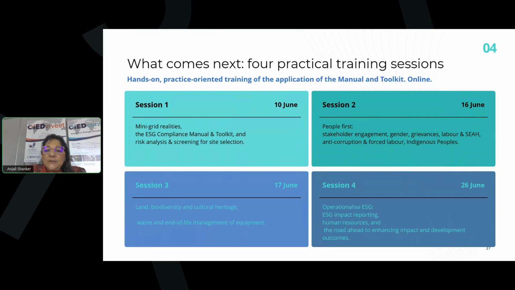The other point we'll very much look into in this operationalization issue is, through experience sharing and case studies, see how human resources can be managed. Again, consultants cost a lot in proportion to the income of a mini-grid, and below a certain size, it's difficult to have specialists.